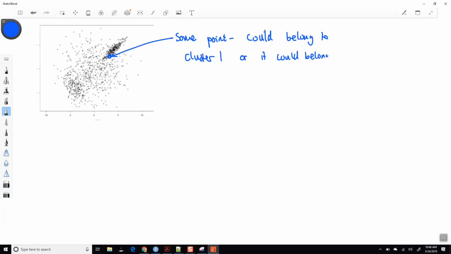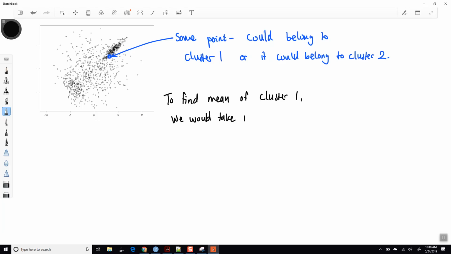We don't know. To find the mean of cluster 1, at least we would take the mean of all the points that belong to cluster 1, the centroid.